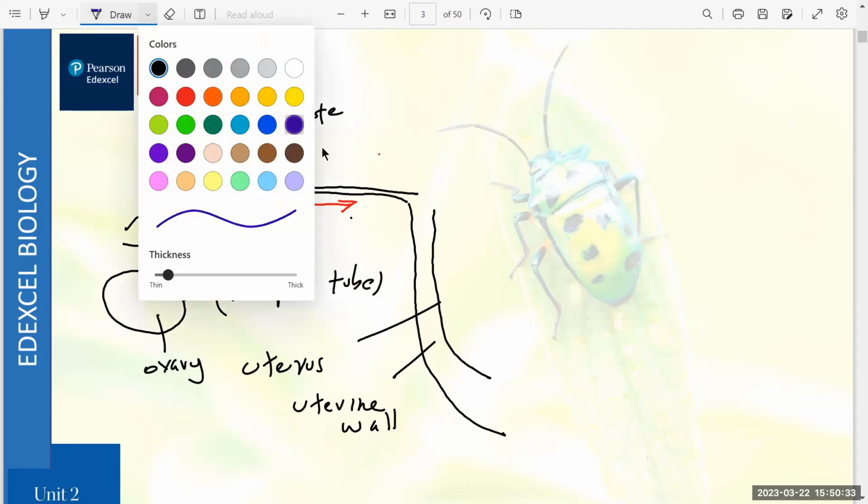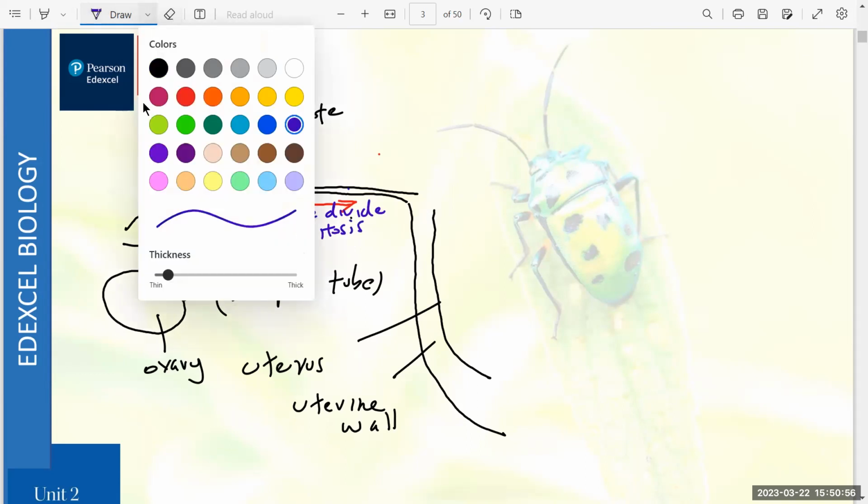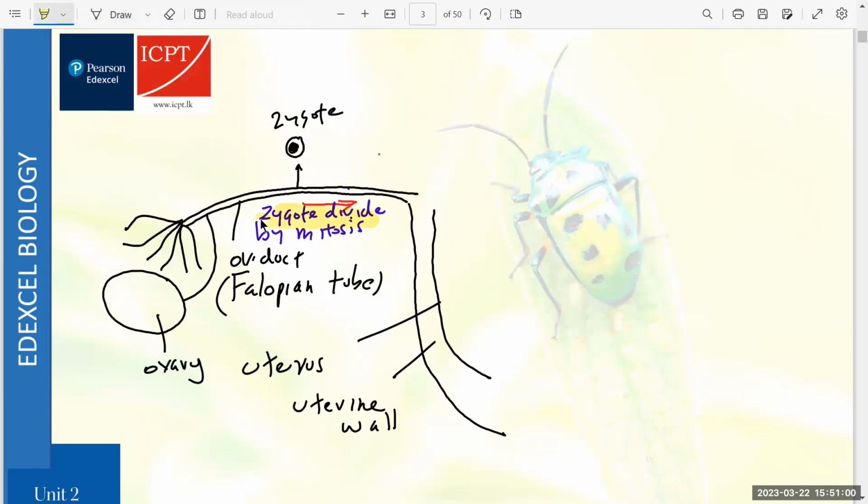Now, during this journey from the oviduct to the uterus, the zygote divides by mitosis. Zygote divides by mitosis.